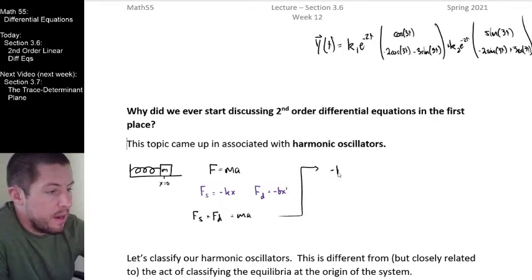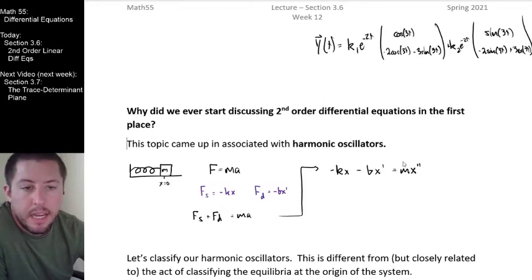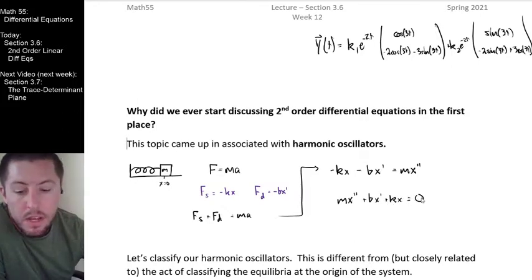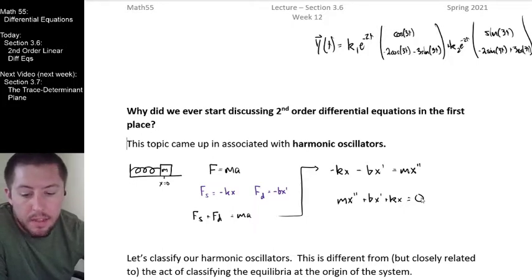This should be negative kx, negative bx prime equals m x double prime, because acceleration is the second derivative of position. And then we typically move all of our terms to one side, and that's where we get mx double prime plus bx prime plus kx is equal to 0. So this is what we define to be our general form of a harmonic oscillator.